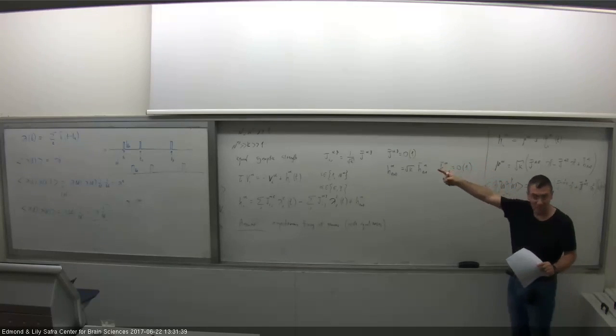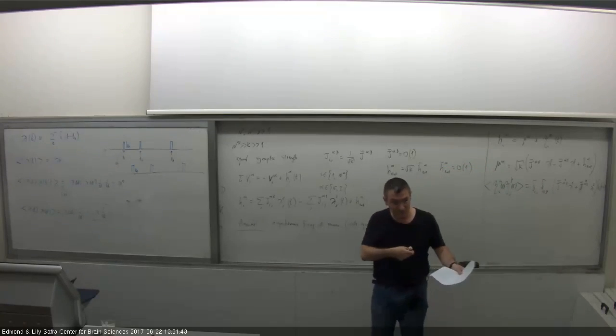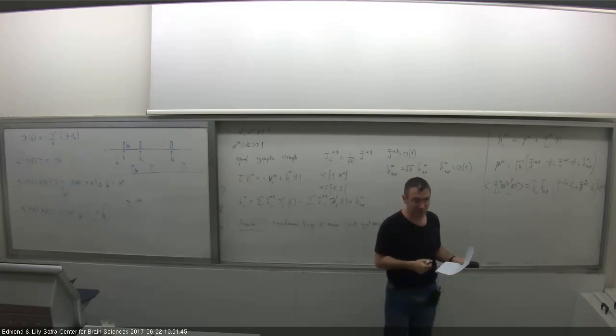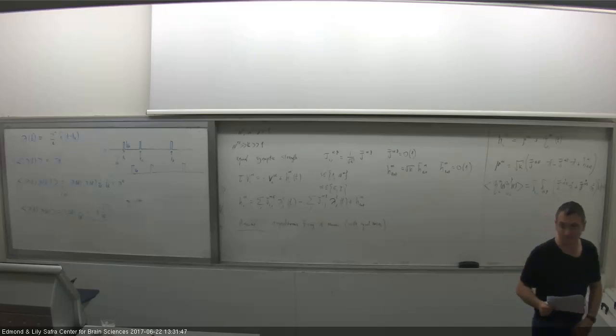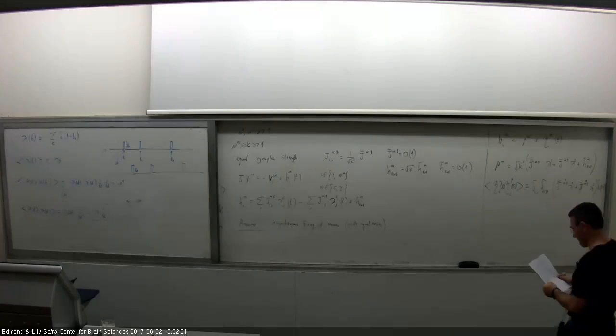But if k is very small, it's very sparse, and the probability that 2 neurons will receive the same input is very small. That's because k is much smaller than n.